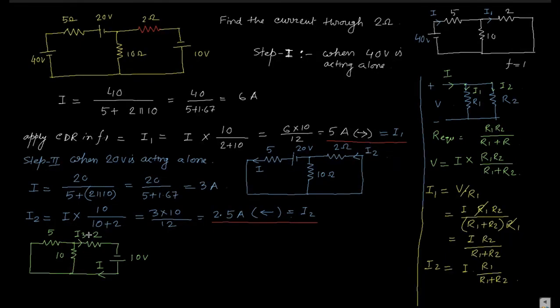Here you see that the 2 ohm is not in parallel with the 5 and 10. Okay, so what is the equivalent circuit? We can make an equivalent circuit as, so here you see that this 10 and 5 are in parallel. So what is the equivalent resistance? You can draw the circuit like this.